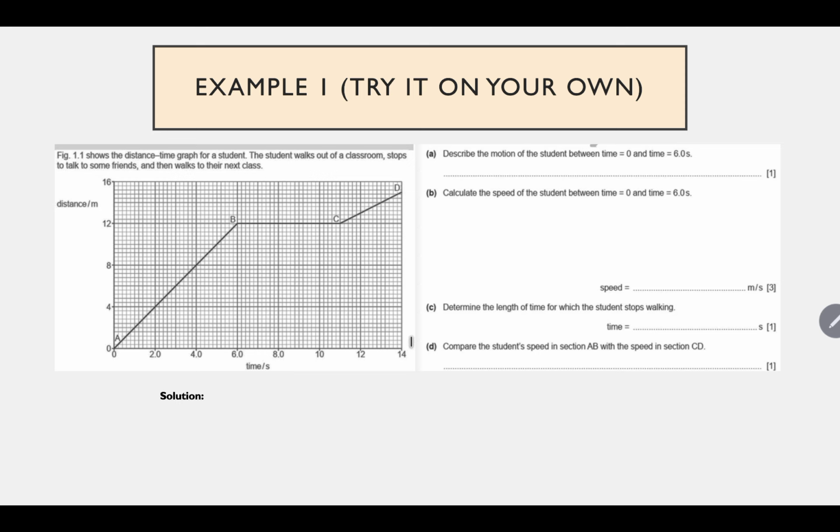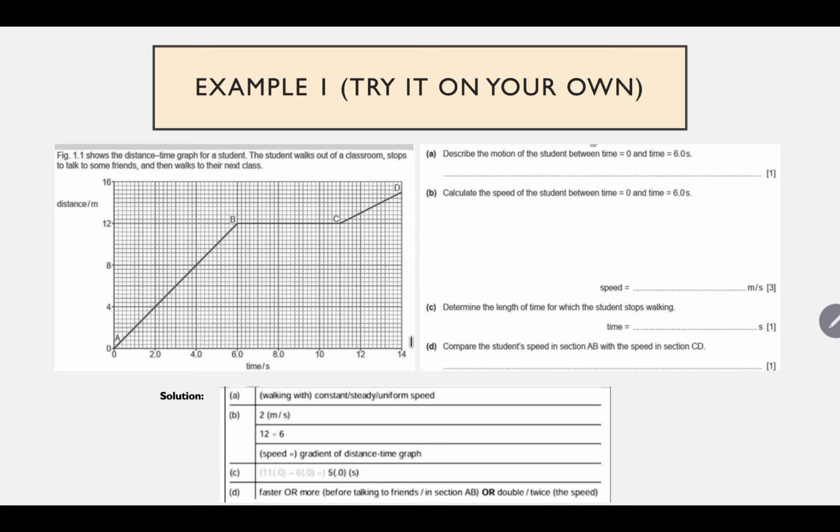Part D, compare the student's speed in section AB with the section CD. Here, this part is very, very easy. The more my graph slopes towards the y-axis, the steeper it is, so therefore it is faster.